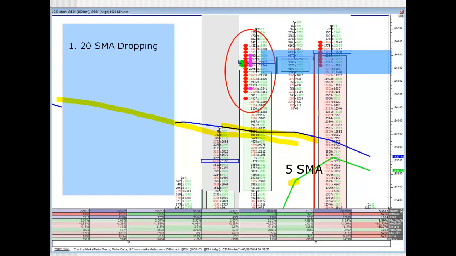Yes, the 5 was pointing up and sort of asking everybody to come in for longs and so on, but in reality, as you begin to see the data unfold and as our analysis will continue to show, the trade was really to the downside, and that was seen well before the open.